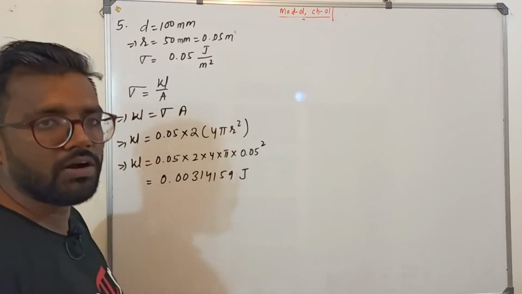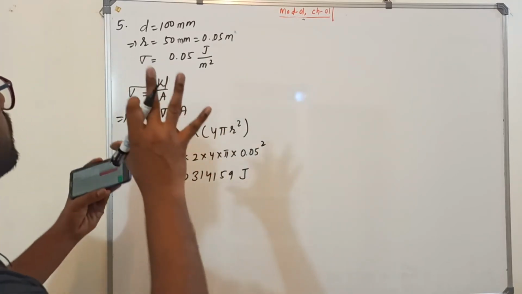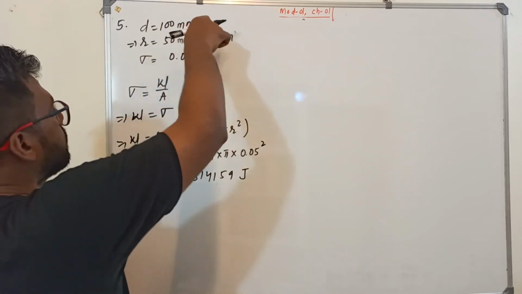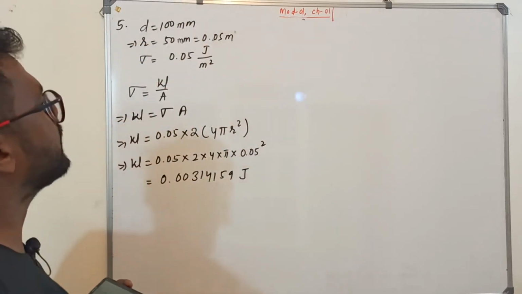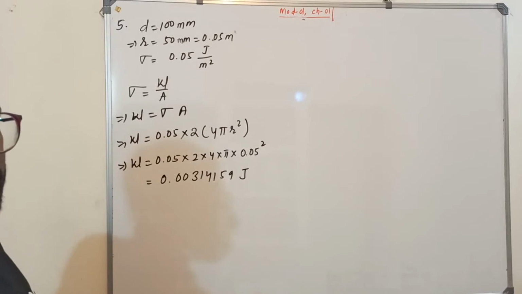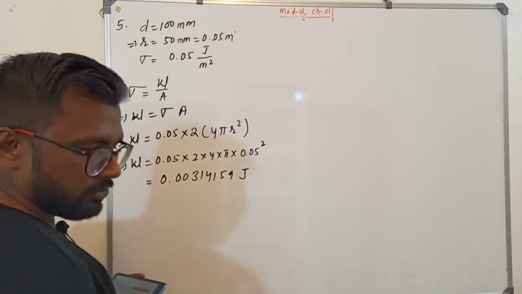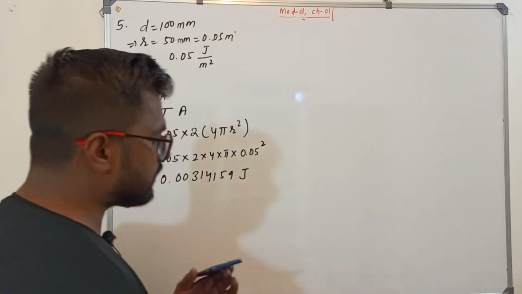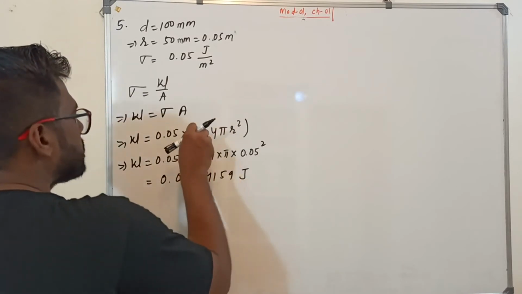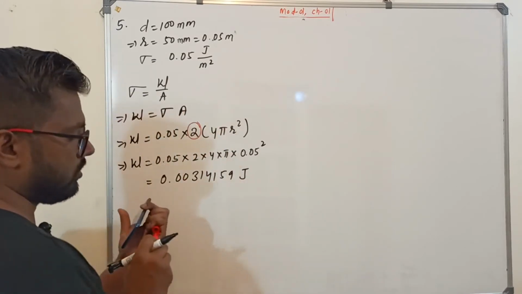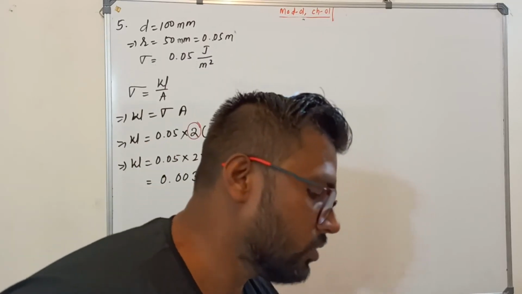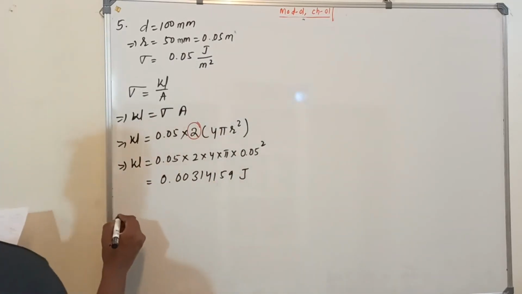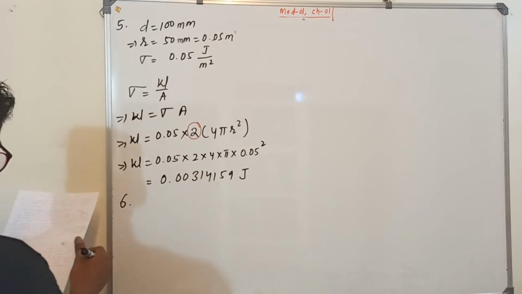That is the work done required to blow a soap bubble of 50 mm radius or 100 mm diameter. That is your question number 5. What was the trickiest part in this problem? To apply two surface areas, not one, because it's a bubble. Bubble means how many surface areas? Two surface areas.